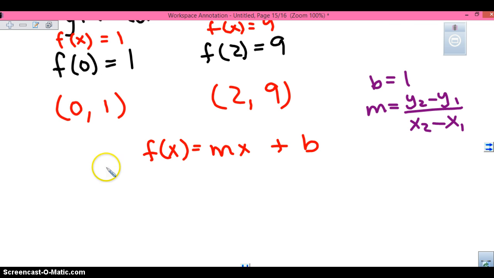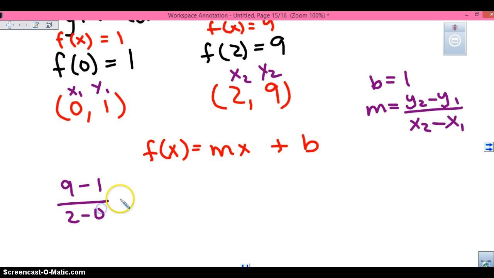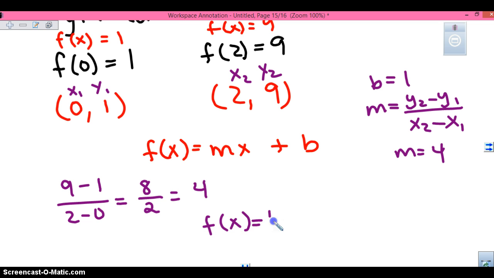Okay. So we can say this is x1, y1, x2, y2, 9 minus 1, and 2 minus 0. 8 over 2 equals 4. So what is the slope? 4. So we can write our function f of x equals 4x plus 1.